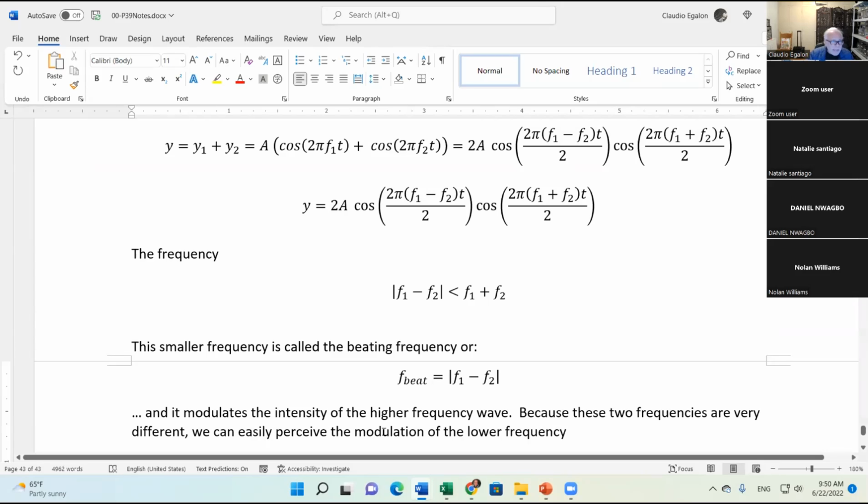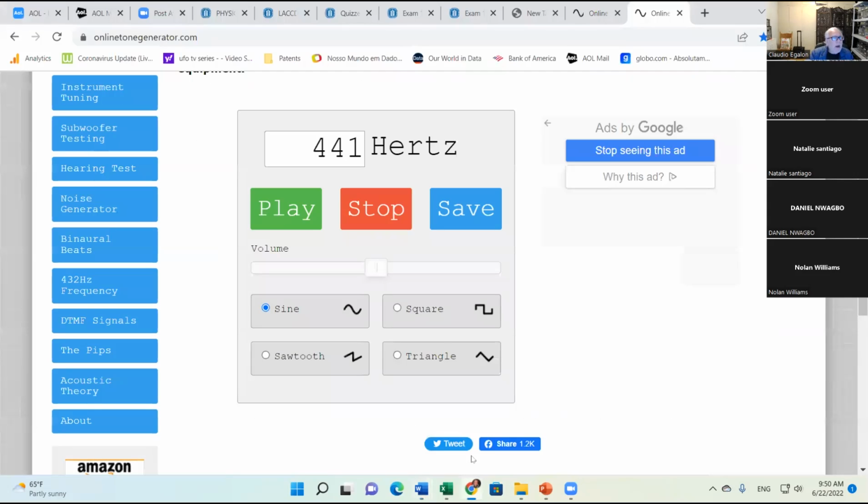Well, it's not that we can easily perceive, okay? It all depends on the beating frequency, right? If the beat frequency is very small, then you can perceive. But if the beating frequency is not very small, then it becomes kind of hard to perceive.